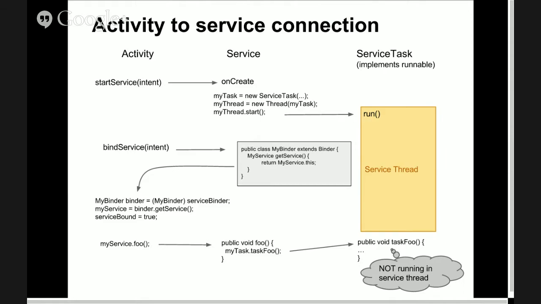Okay? And so the sequence of instructions you do is this. When you create the service, you want to give it its thread, and you say, my task is equal to new service task. So you instantiate an object of this class, and the object has a run method, okay? Because the class is a subclass of runnable. Then you say, my thread is equal to a new thread that will run my task.